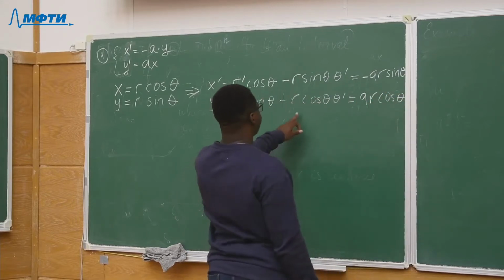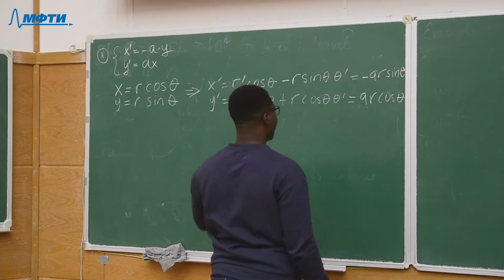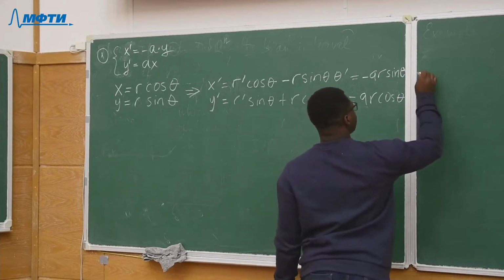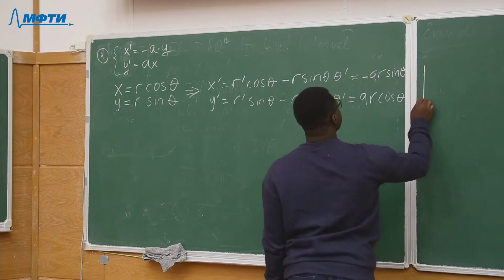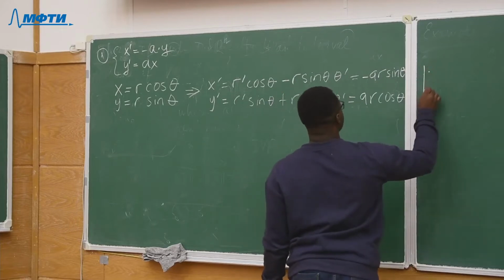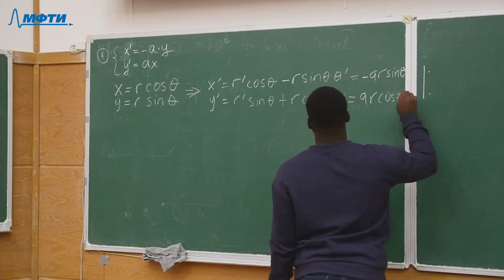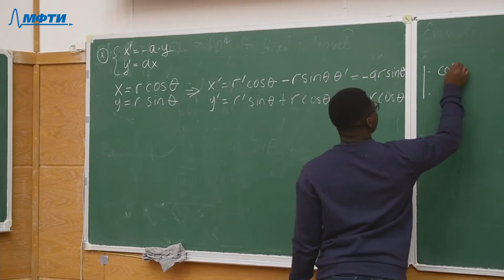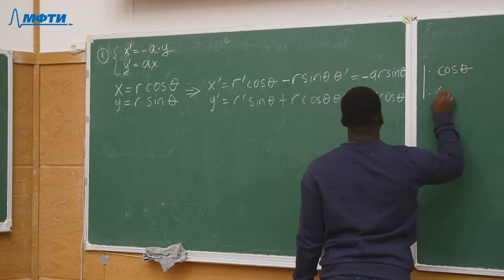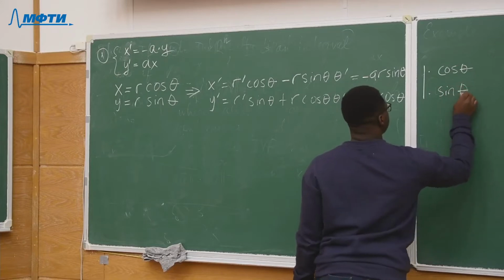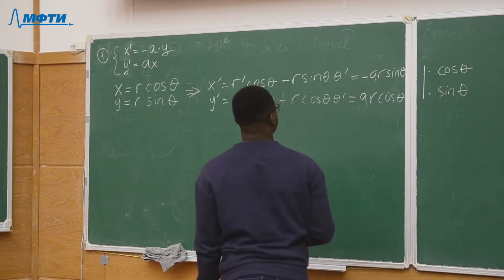Then we should first eliminate theta prime and eliminate r prime. So what shall we do to eliminate theta prime? The first equation should be multiplied by cos theta, and the second one should be multiplied by sine theta.